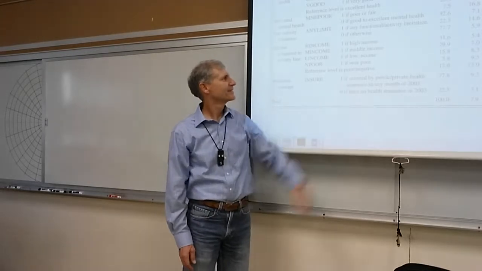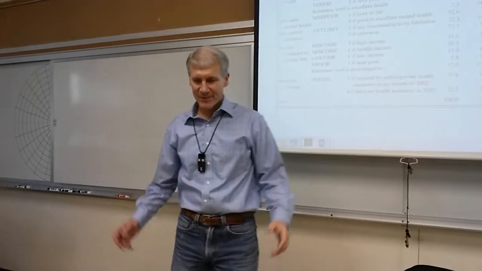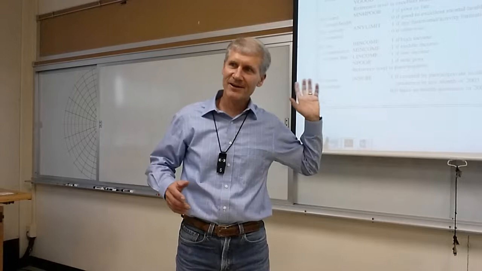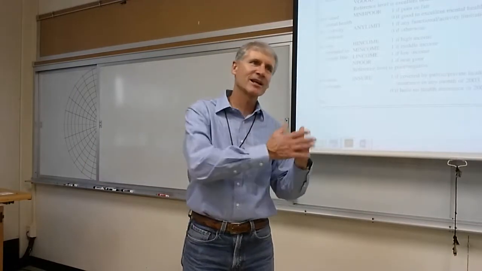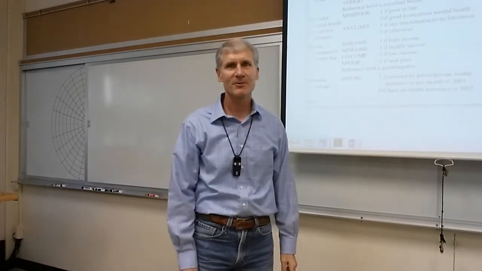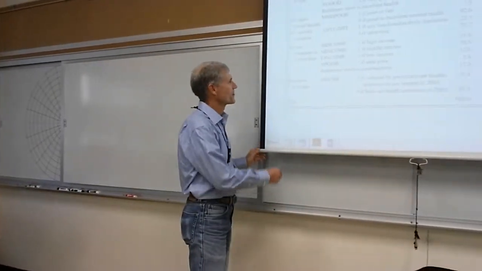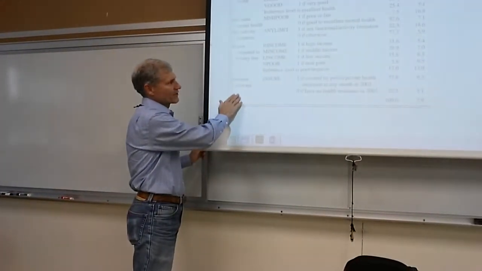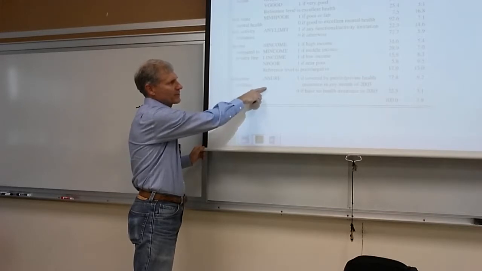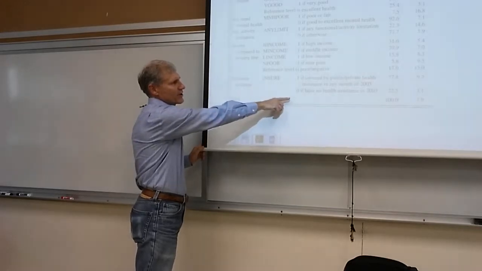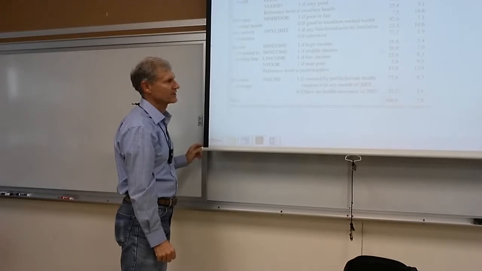If your expenses are outweighing what you got coming in, I guess they say that's negative. I don't know. Or maybe you're giving money away. I don't know. And then insurance coverage. 1 if they're covered by public-private health insurance. 0 if they have no health insurance.